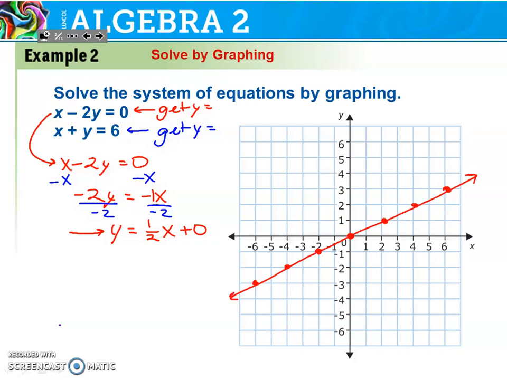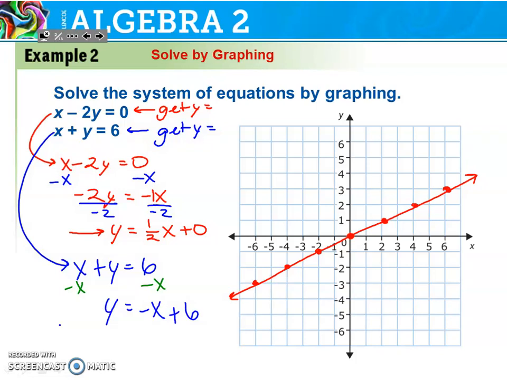Next thing we're going to do is we're going to take our next line, x plus y equals 6. Okay, and I'm trying to get y by itself again, so I'm going to subtract x, and when I do that, I get y equals negative x plus 6. So, okay, that one was a lot easier to solve for.